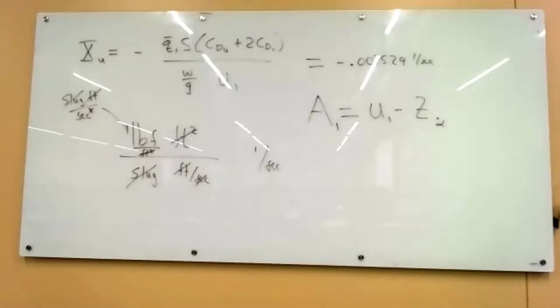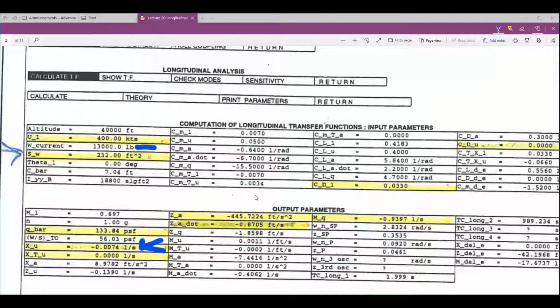I'm assuming everybody got that written down because it's short. So Z alpha dot is here. And then we need the 672.12 for the forward velocity. So that's easy.